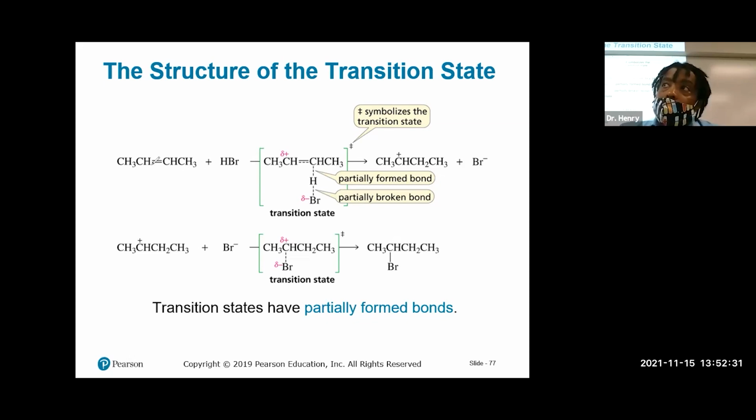Where you have the double bond starting to be dissociated, right? The hydrogen is coming in and becoming attached to our secondary carbon. And then that is still attached to the bromine.